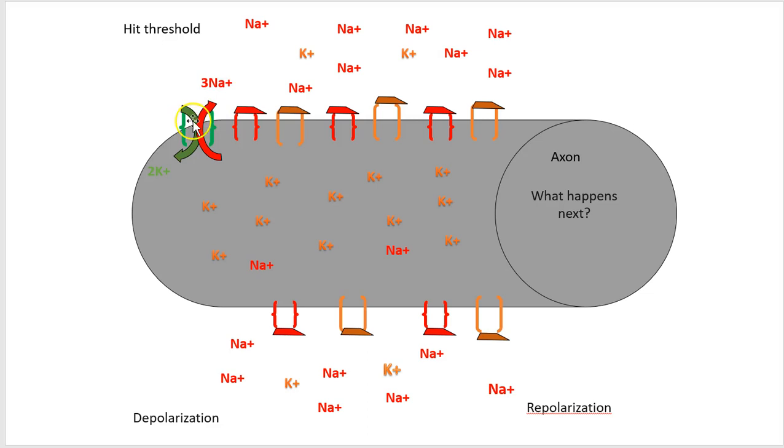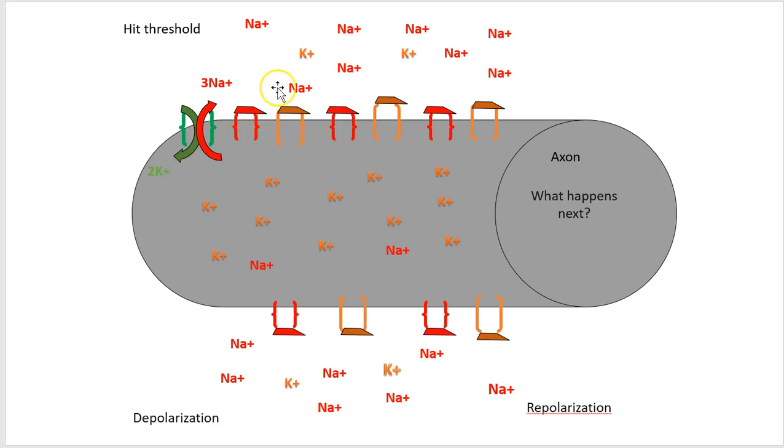You need to know what it pumps, in which direction, that it needs ATP because it's going against the gradient, and that this sodium-potassium pump is the reason the outside is positive compared to the inside. And here, let me explain that. We're pumping out 3 positives, but we're only pumping in 2 positives.